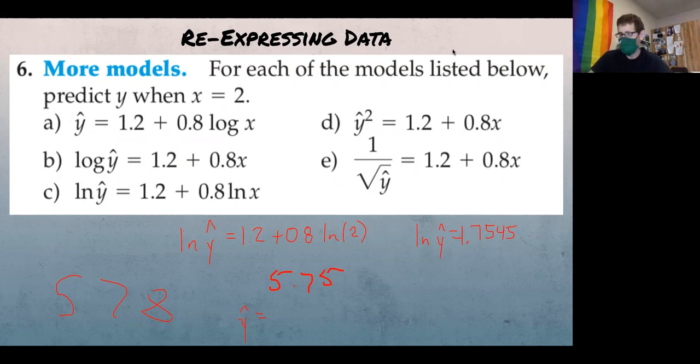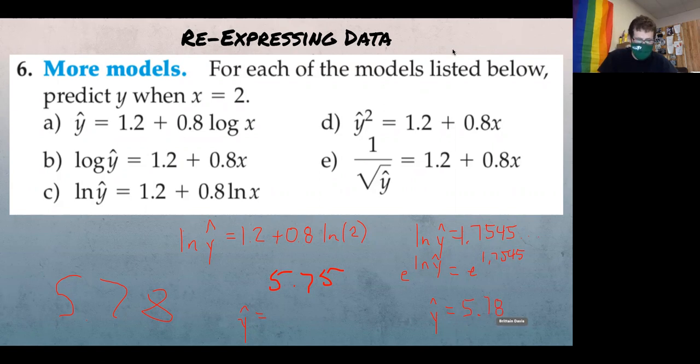We're not raising 10 to the power of this. Instead, it's going to be e, which is the inverse function. So e to the 1.7545 power.